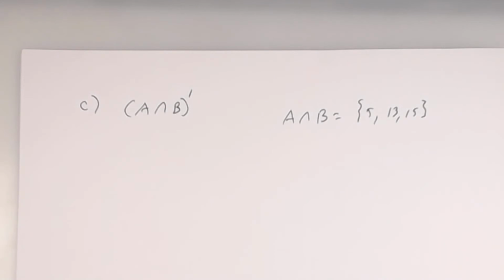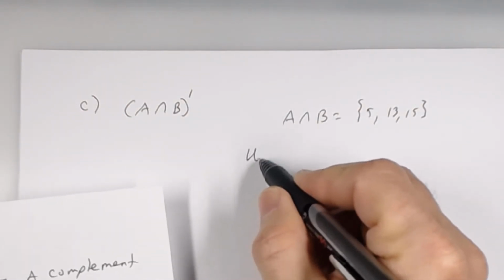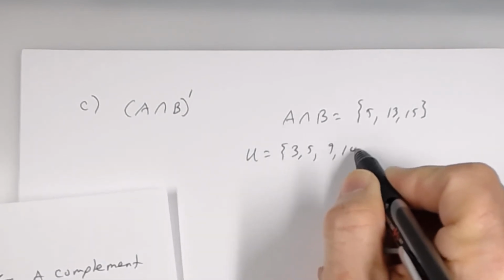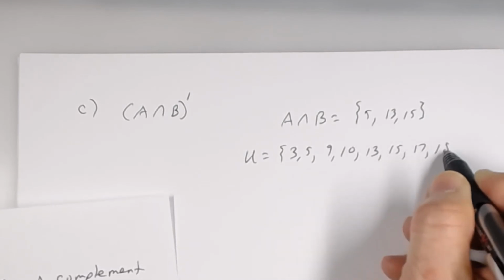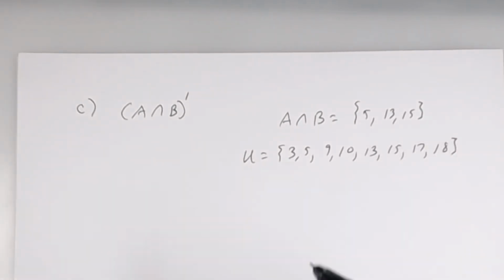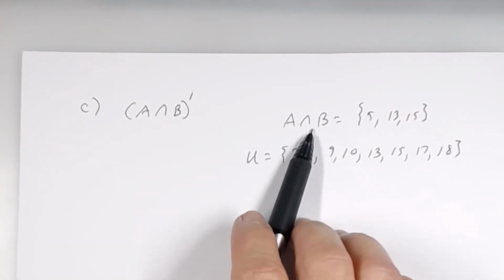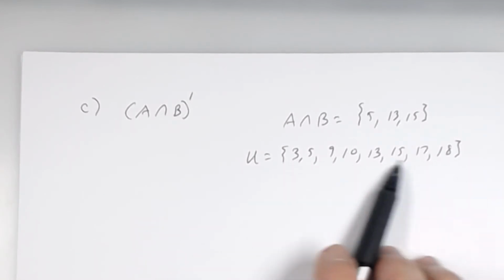And now what do you look for? You have the intersection. What do you look for now? The complement. Okay, so I'm going to write the universal set. So here's my universal set. It was 3, 5, 9, 10, 13, 15, 17, 18. And so from this universal set, if I want to find the complement of this intersection, I've got to remove the intersection from here.